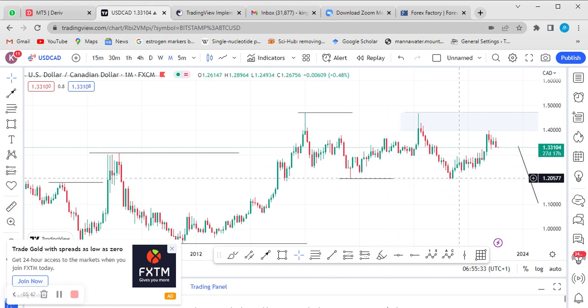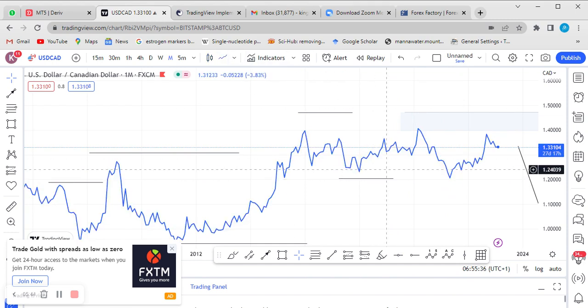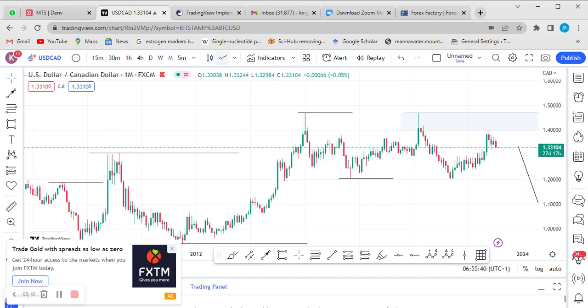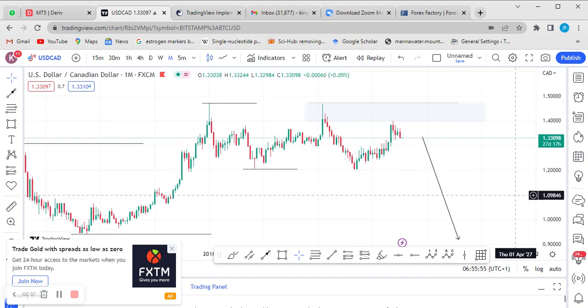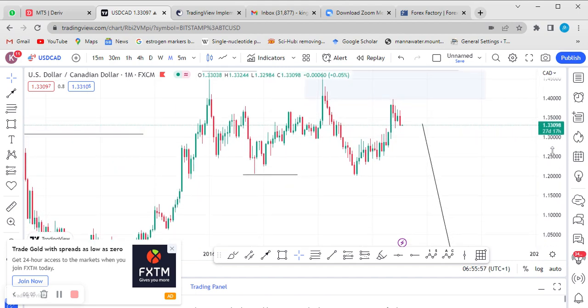We notice that price eventually broke the structure using a line chart. Price broke the structure here. But we see clearly price actually went below it. So which is also just showing us a sign that price might likely respect this zone here and come all the way down.